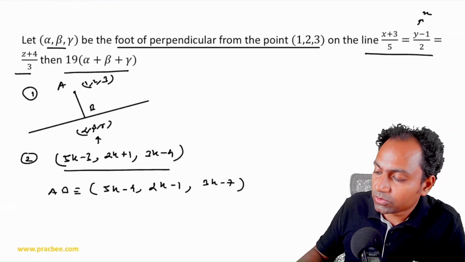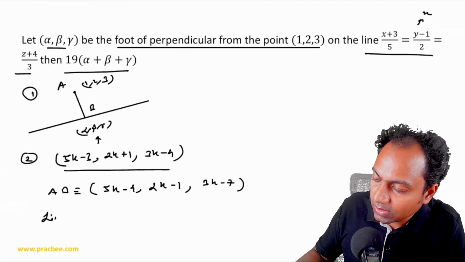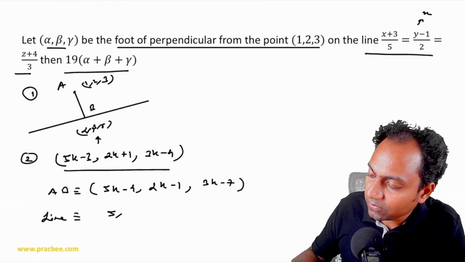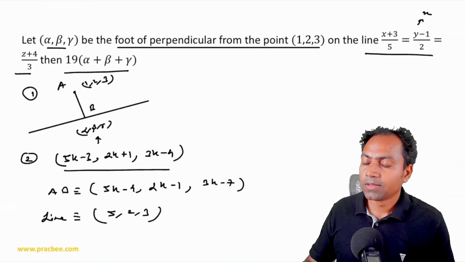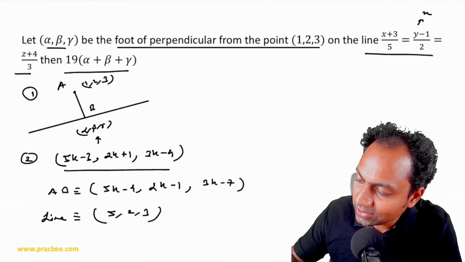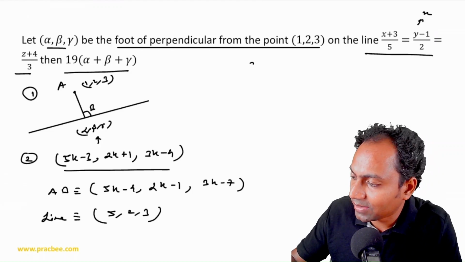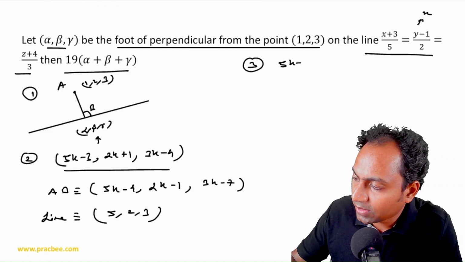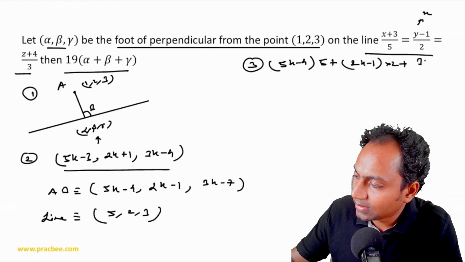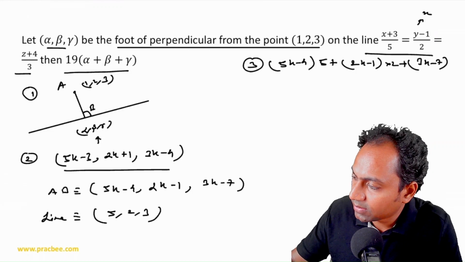Now we are going to write the direction ratios of the line, and that is nothing but whatever is written in the denominator. So this is nothing but 5, 2, and 3. Once you have figured out both of these values, the next step is very simple. Since at this point both of them are perpendicular, we are going to apply the condition of perpendicularity. That means 5k minus 4, the multiplication of direction ratios, and then the sum of them: 2k minus 1 into 2, and 3k minus 7 into 3.